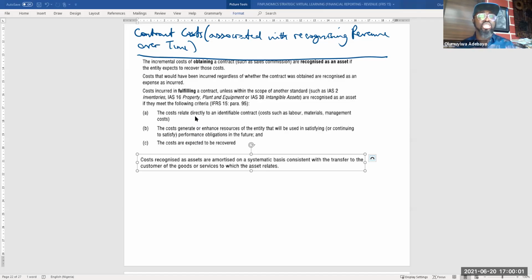Therefore, on that basis, the most appropriate methodology will be the output method.